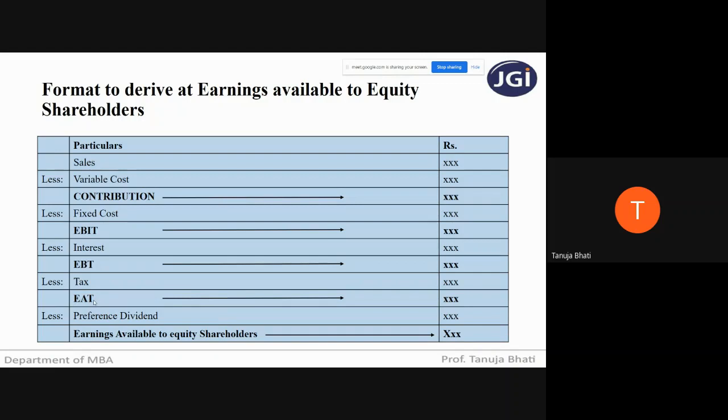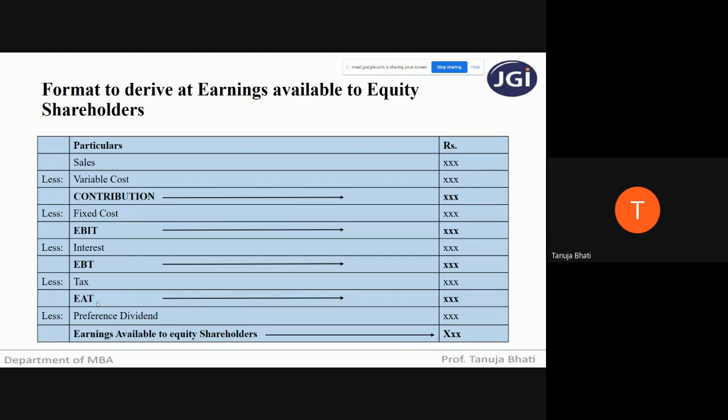Once you have deducted tax, the next is to deduct the preference dividend, because obviously preference shareholders are given preferential treatment over equity shareholders in respect of payment of dividend. That means whenever you are getting earnings, this is earnings after tax, first out of that earnings, the preference shareholders are paid.